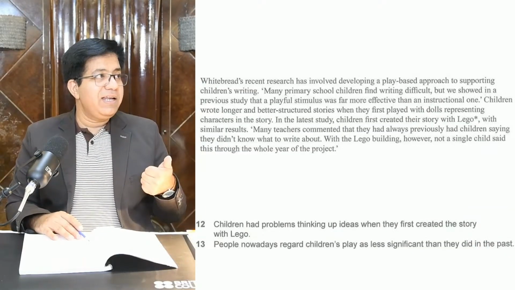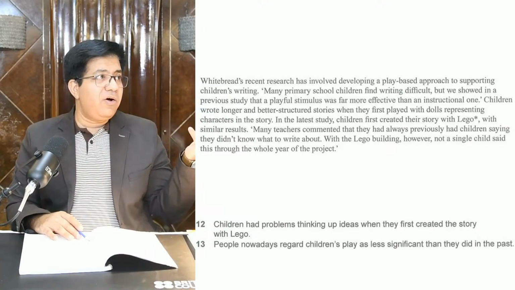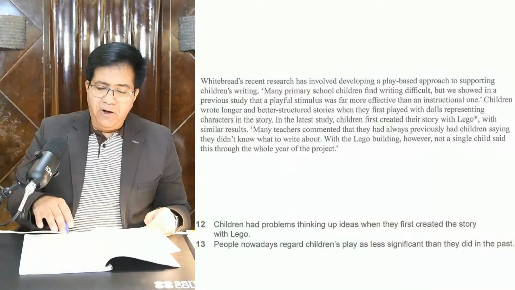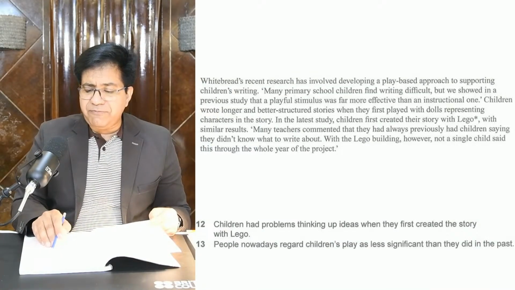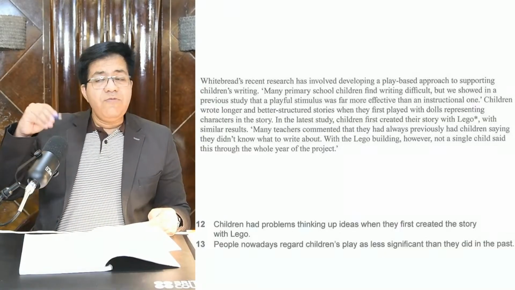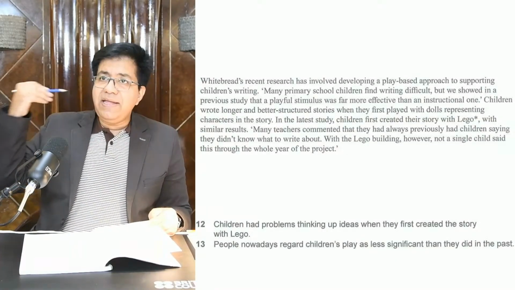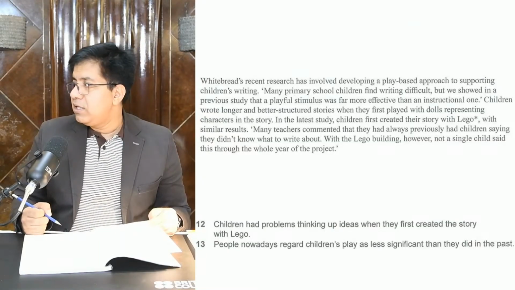What does it mean? With Lego, they had a lot of ideas. Without Lego, they had no ideas. So what should be the answer? False. Question is, children had problems thinking up ideas when they first created the story with Lego. With Lego, they did not have problem. But before Lego, they had problem thinking up ideas. That is why this answer is false.